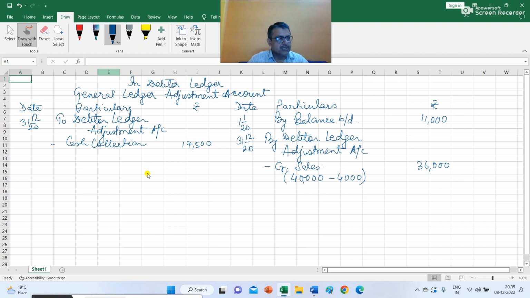Next is bills receivable received. Bills receivable reduce the amount of debtors, and the journal entry is general ledger adjustment account debit to debtors ledger adjustment account, for bills receivable received rupees 4,000.